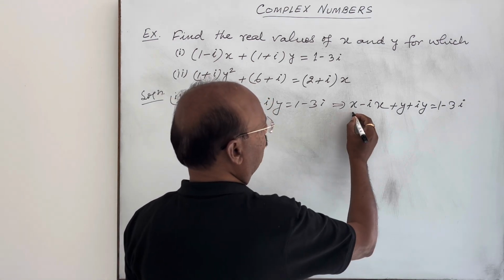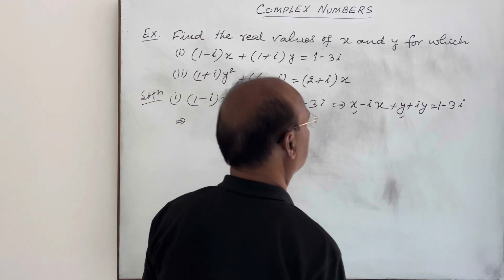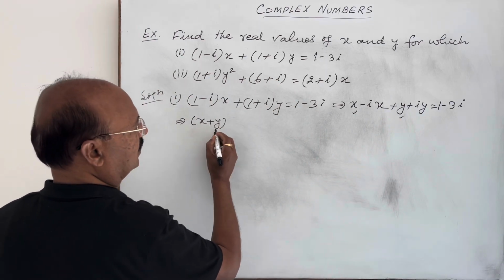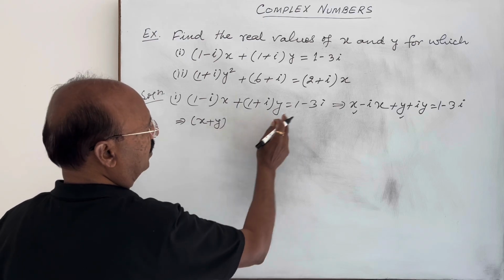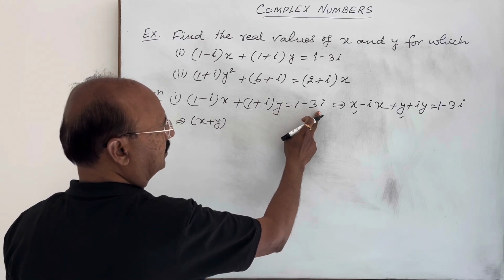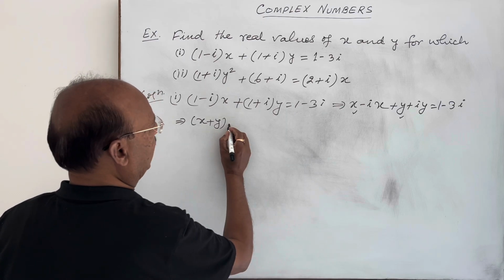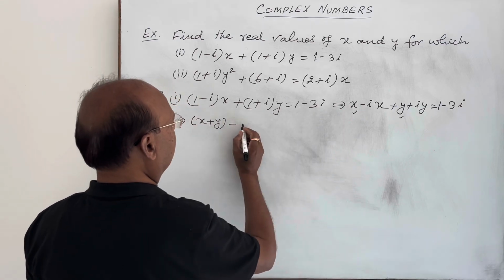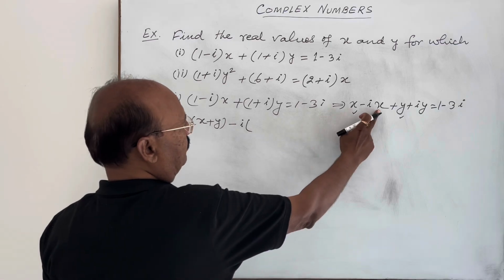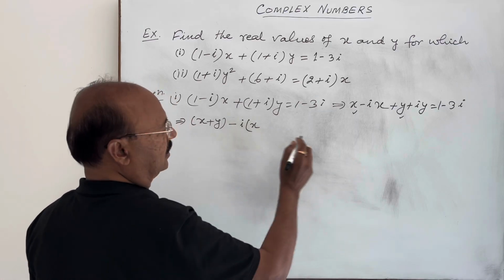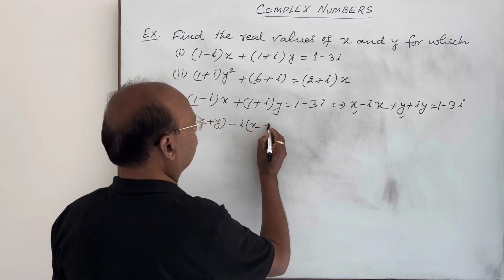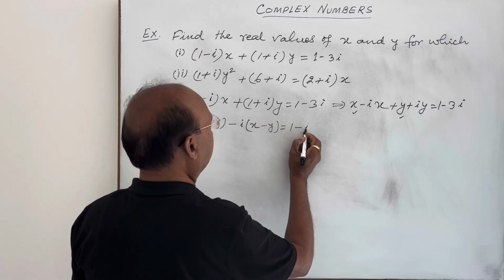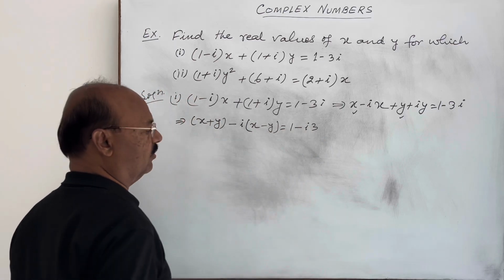We'll make one group of the real numbers x and y, so this is x + y, and for the rest we can take −i common. From here we get x, and here minus y, is equal to 1 − 3i, no problem.